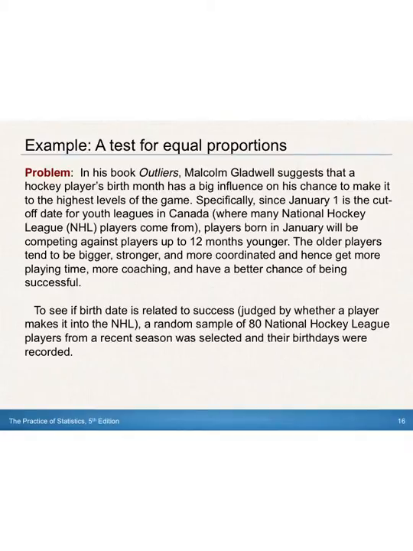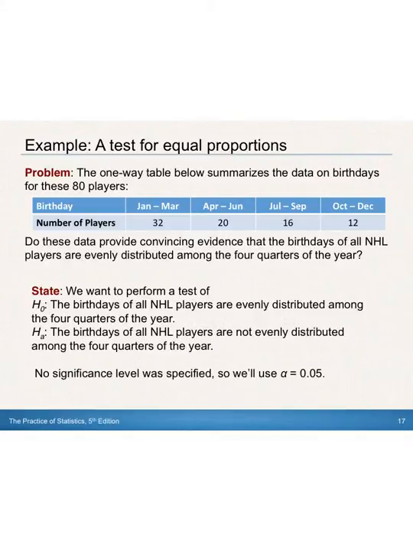So to see if the birth date is related to success, birth date is a category. We look at a random sample of 80 National Hockey League players from a recent season and look at their birthdays. It's broken down into 4 categories: January through March, April through June, July through September, and October to December.